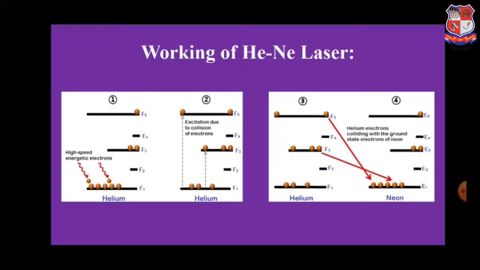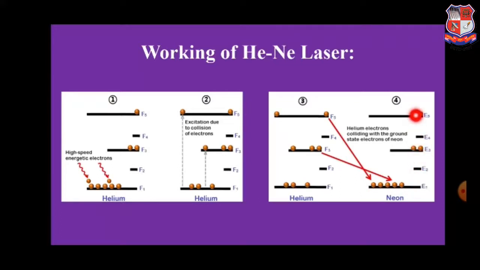So by bombarding the excess amount of electrons, some electrons have been lifted to the higher energy levels. Next, from this higher energy level, the helium electrons collide with the ground state electrons of neon, because there is a combination of helium and neon gas mixture. This is the basic or stable condition of neon gas, again with five energy levels.